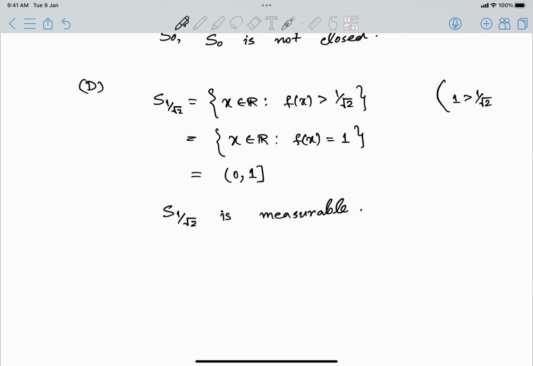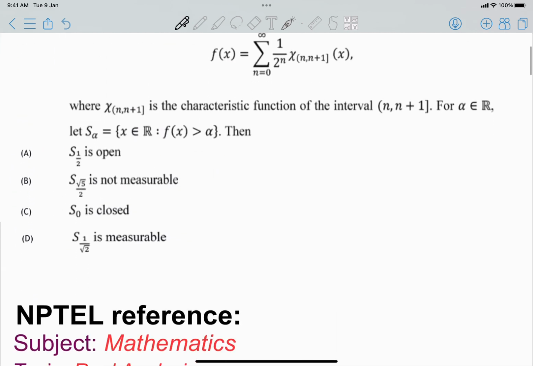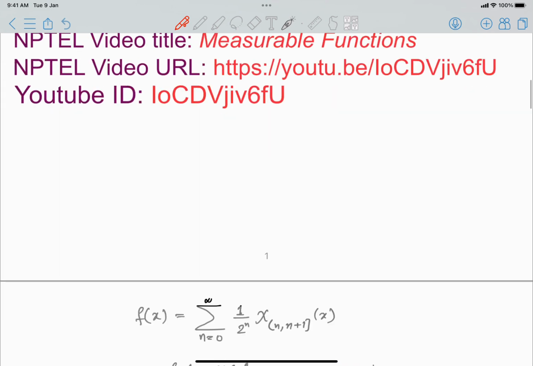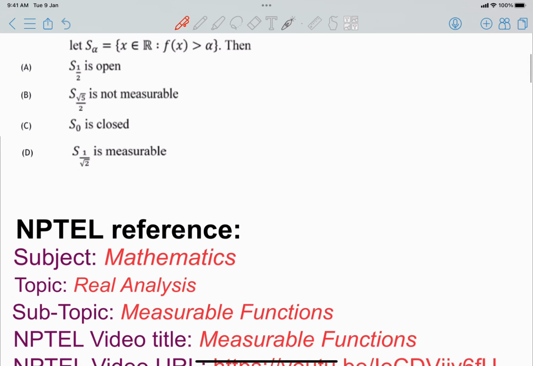So what have we got? Yes, S 1 by root 2 is measurable. So which option is correct? Option A says S half is open, so this is not correct. S half is not open, so this is false.